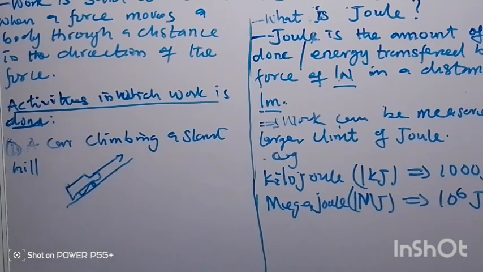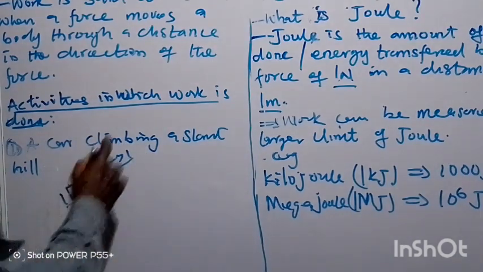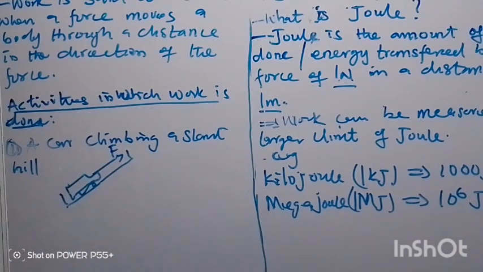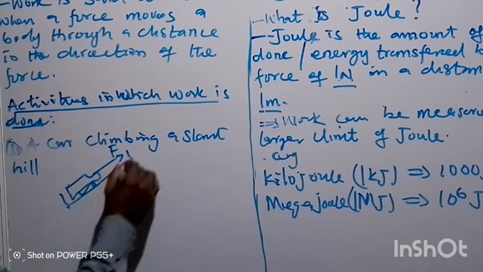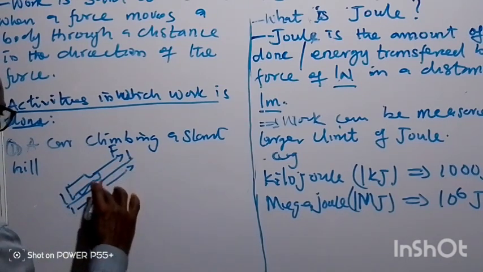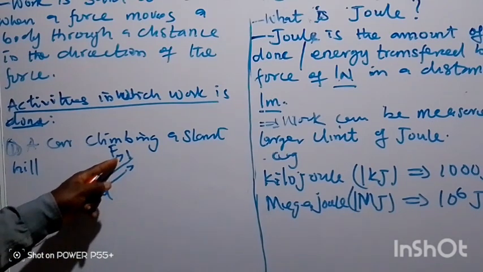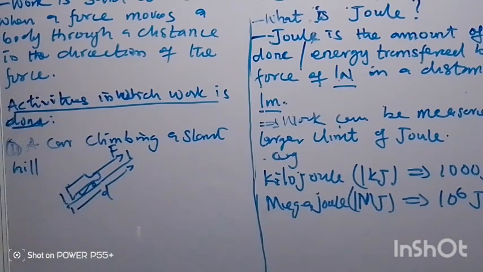So when it covers a distance like this, the force is applied, so the work has been done. From here to here is the displacement, D. So when it covers from here to here with this force, then work has been done.